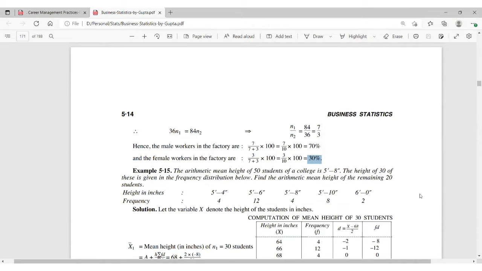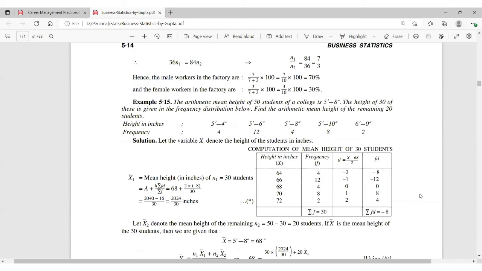Right? So it is the combined mean, not equation. Got it?